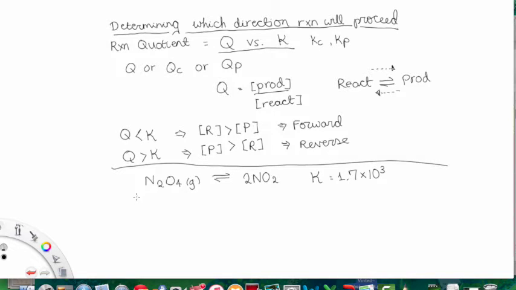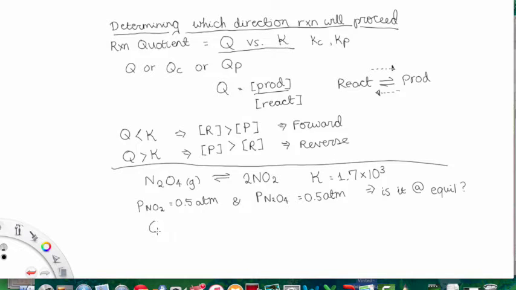But then they ask you, when the partial pressure of NO2 is 0.5 atmospheres and the partial pressure of N2O4 is 0.5 atmospheres, is this system at equilibrium? So that's the question, and we have to figure it out by using the reaction quotient.